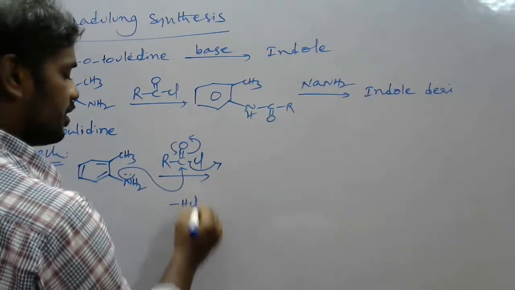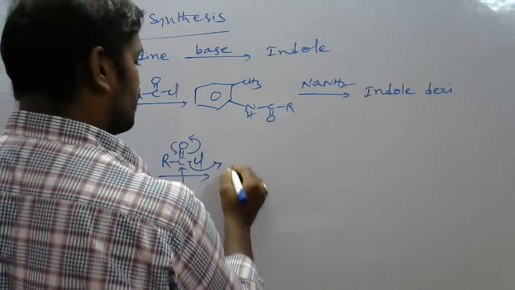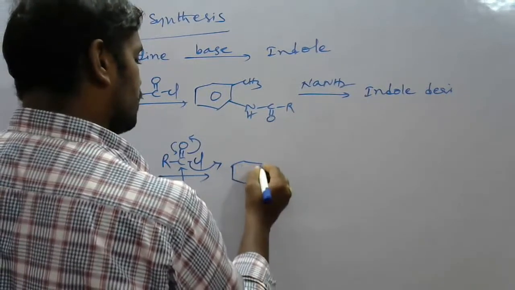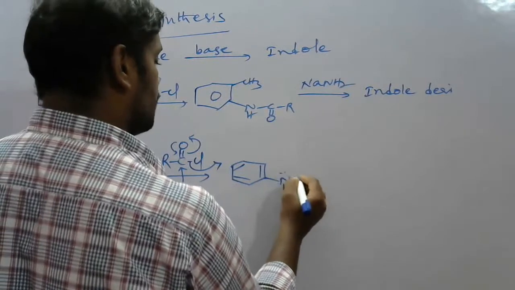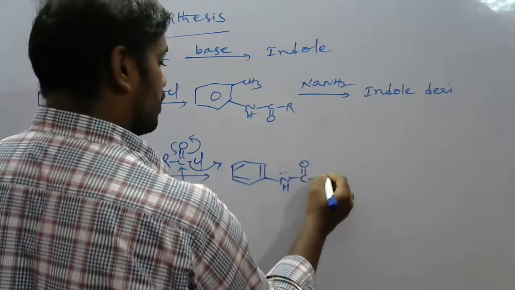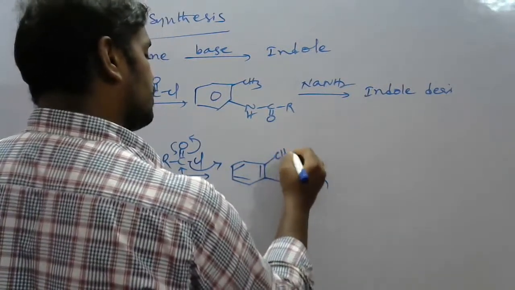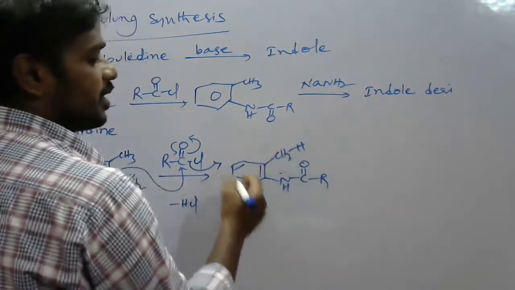Loss of HCl, then formation of NH-C double bond O-R, with CH2H. These protons are acidic.